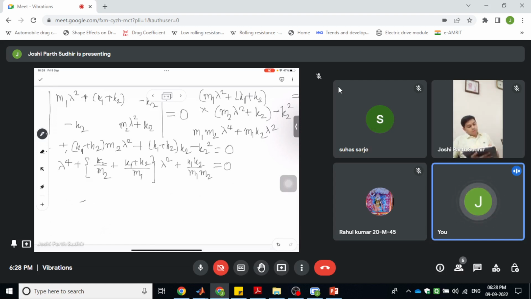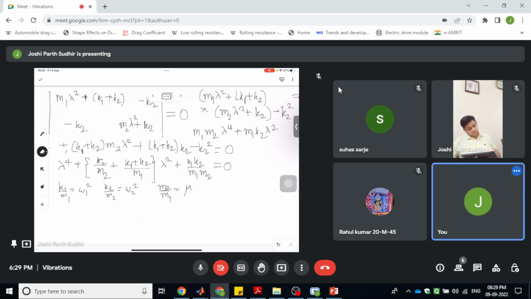Now we will not be given k2 and m2. We have to find them out. We have been given k1 and m1, so k1 and m1 will be known. k1 by m1 is basically omega 1 square, and k2 by m2 will be omega 2 square, and let us assume that m2 by m1 is in some ratio, let us say mu.